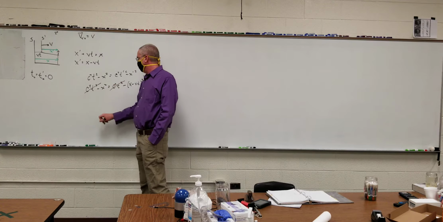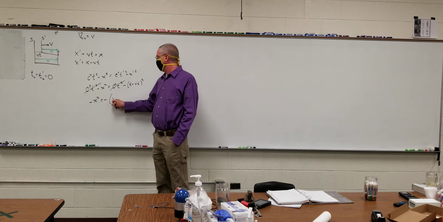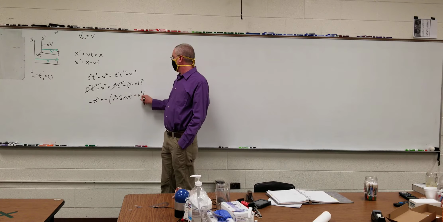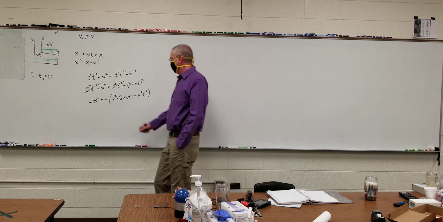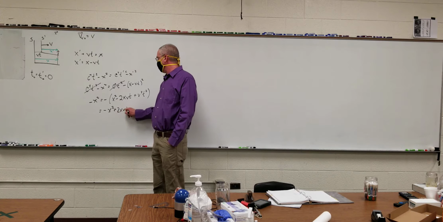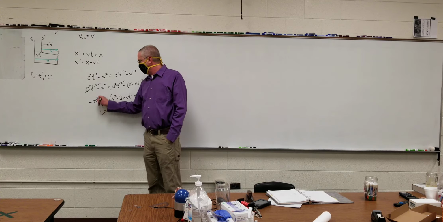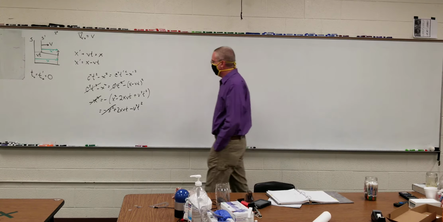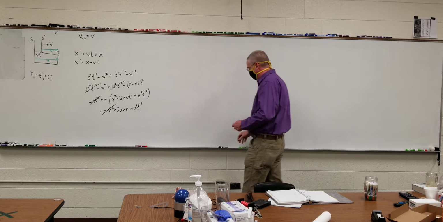Well, those cancel out. So I'm left with negative x squared on the right, and on the left, the negative of x squared minus 2xvt plus v squared t squared, equals negative x squared plus 2xvt minus v squared t squared. My negative x squareds would cancel out. At this point, I can divide by vt.